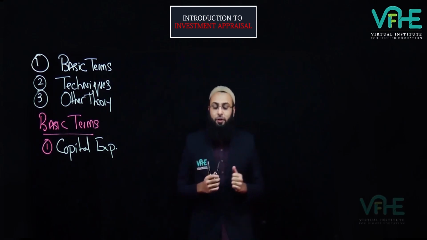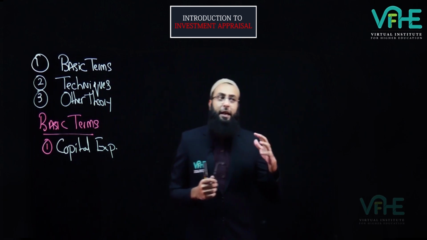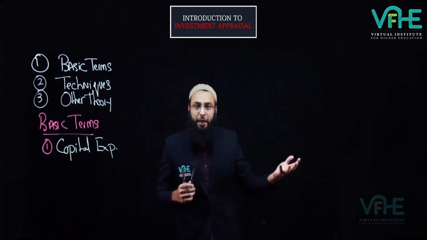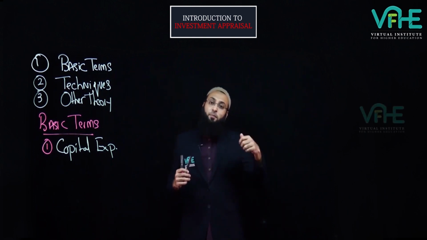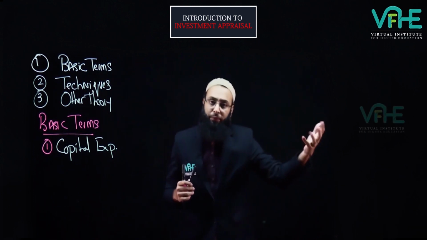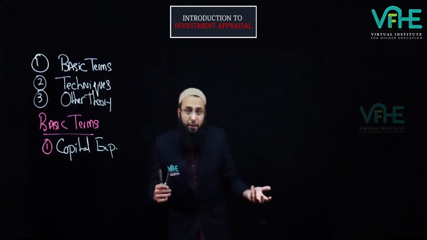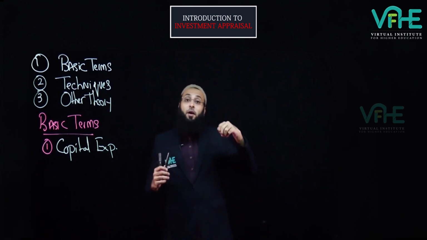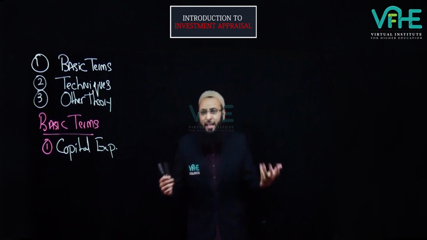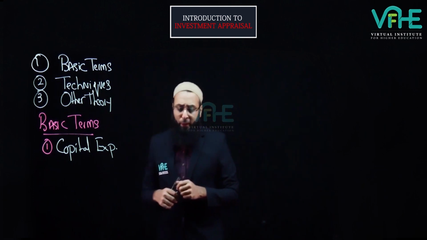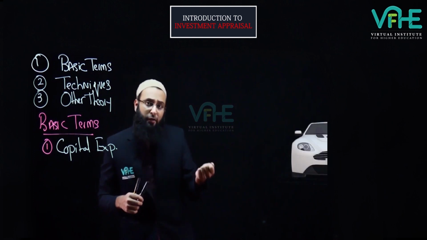Capital expenditure is basically any expense that provides a benefit which is more than 1 year. So any expense that you incur that provides a benefit for more than 1 year is known as capital expenditure. There are certain examples of that as well. For example, we bought a car.